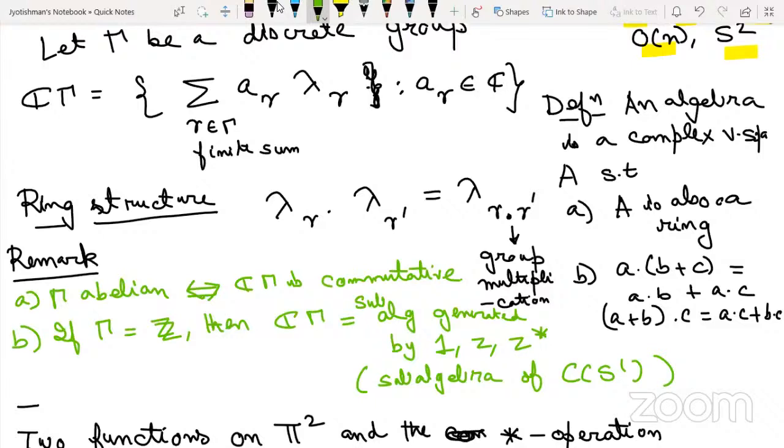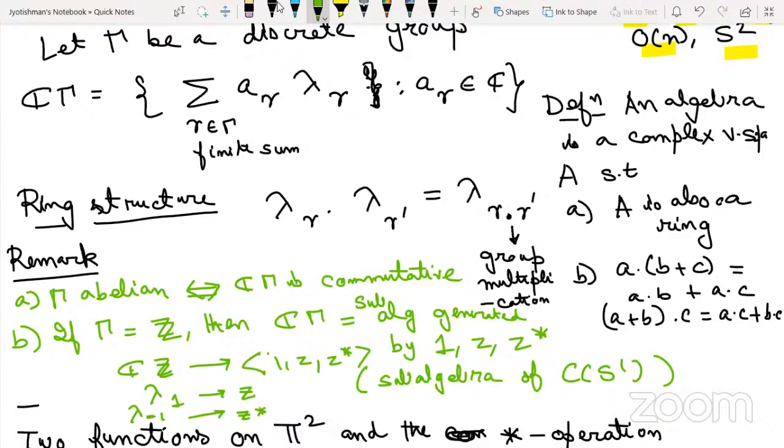Basically, the map from C[Z] to this algebra generated by 1, z, z star is given by lambda_1 goes to z, lambda_(-1) goes to z star.